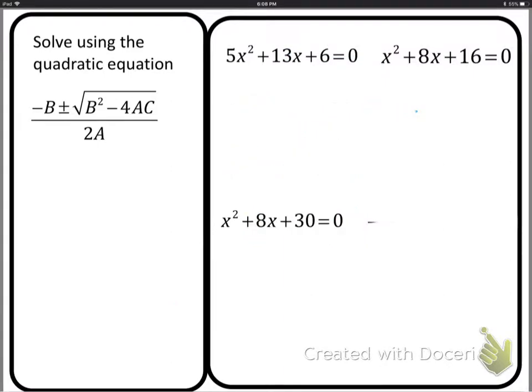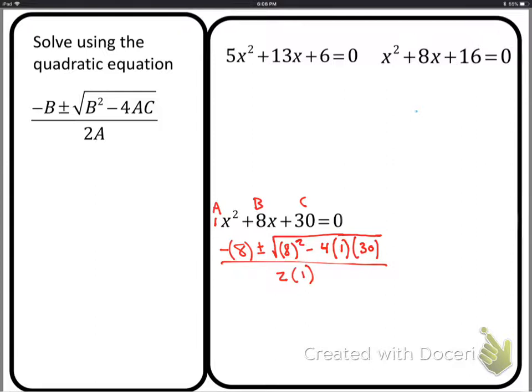Okay, going on to this one here, this bottom left one. Again, A, B, C, always start off with that. My A here is 1, B is 8, C is 30. So this is negative 8 plus or minus square root, B squared is 8 squared, minus 4 times A times C, all divided by 2 times A, which is 2 times 1.